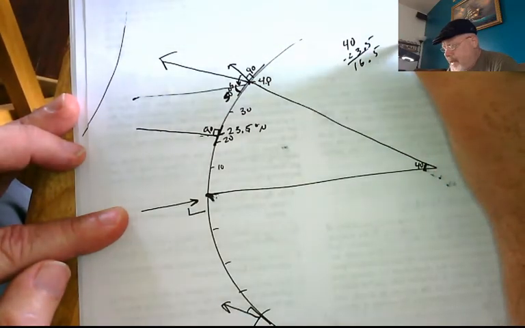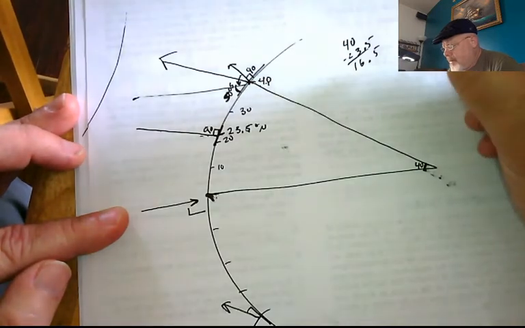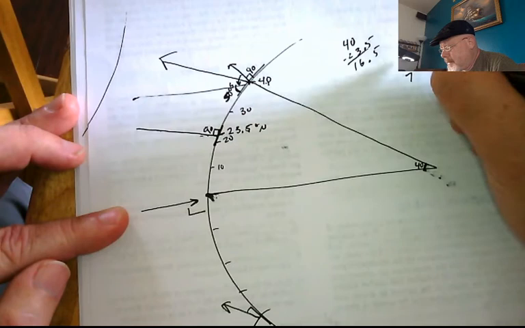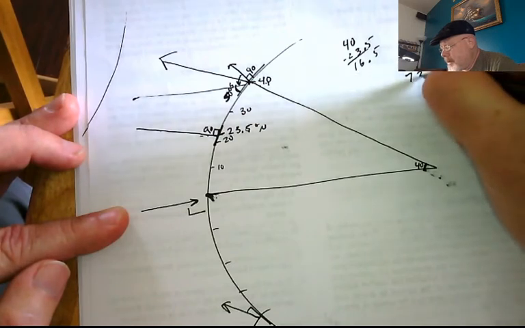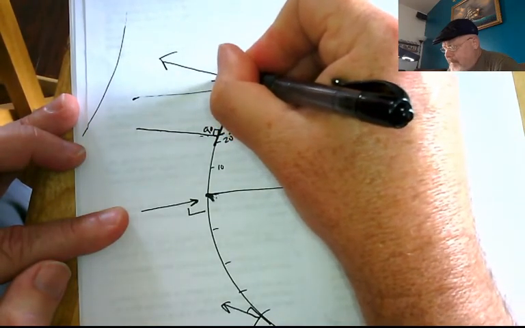Subtract that from 90, so 90 minus 16.5 would be... I should have figured this out before I made this video, huh? That's 73.5. So you would be looking at a 73.5 degree angle.